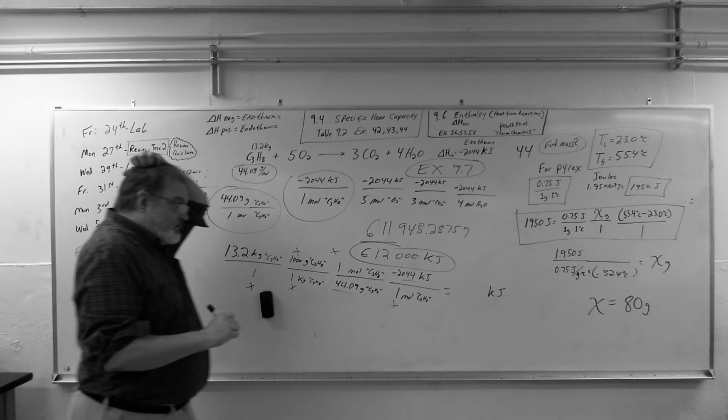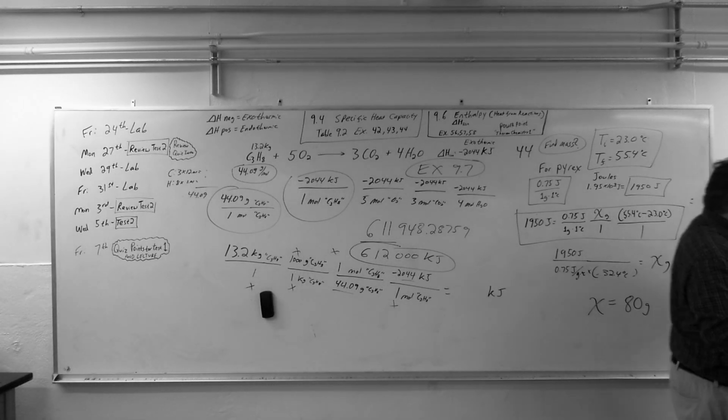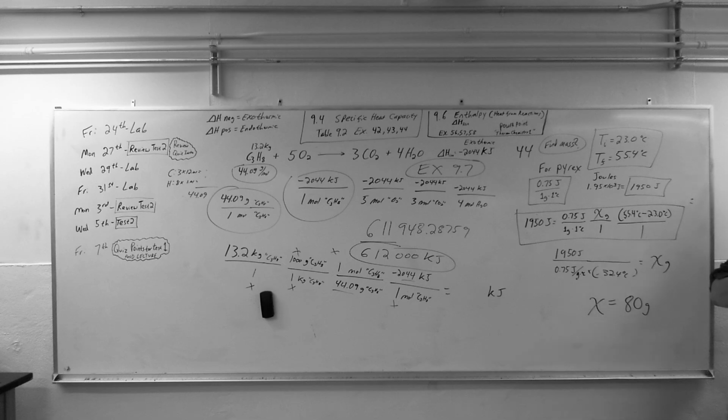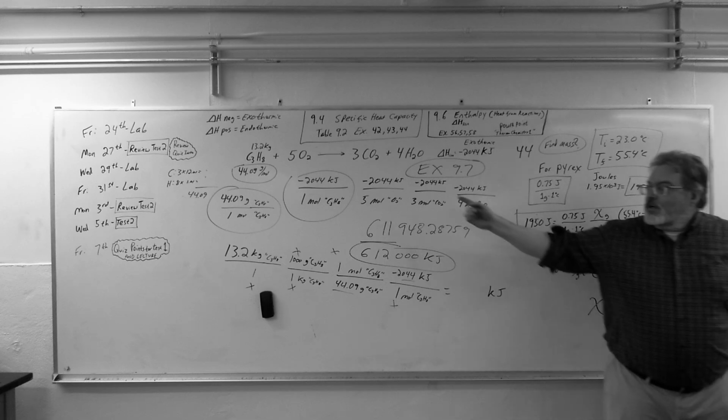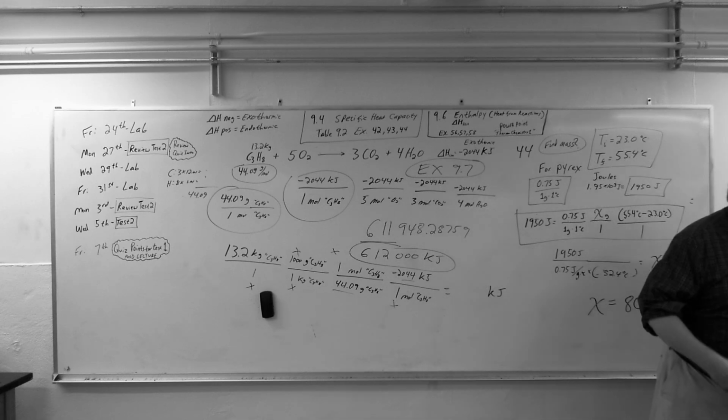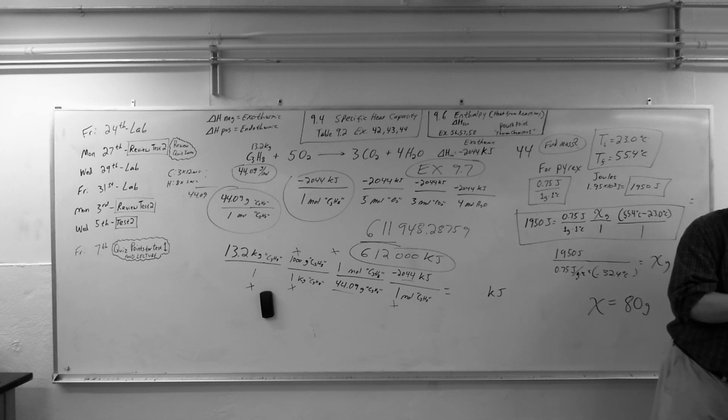Just the formula mass. Okay, so one variation on this asks you for the energy that comes out given a certain amount of mass of one of these. The other type of question is you're given the energy and you find the mass that's reacting.